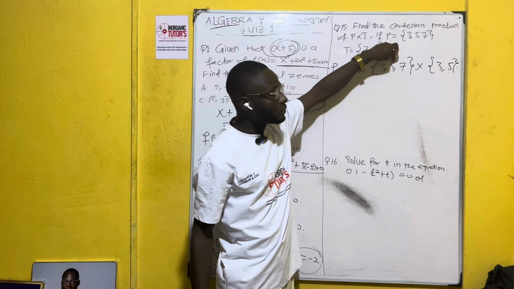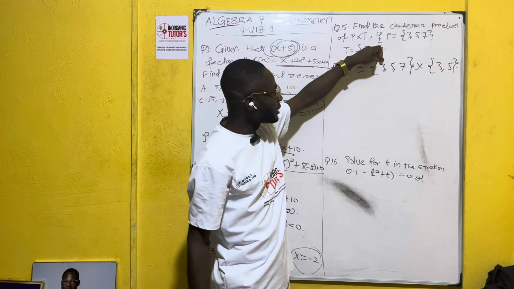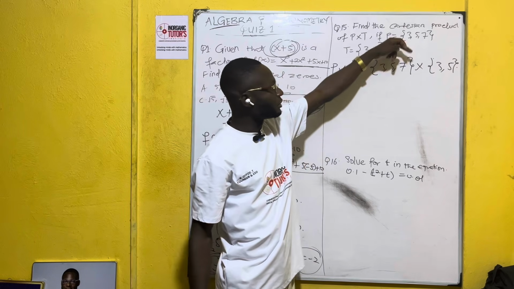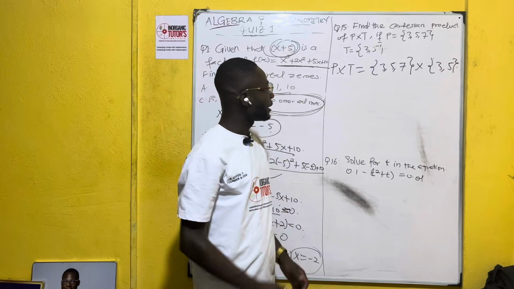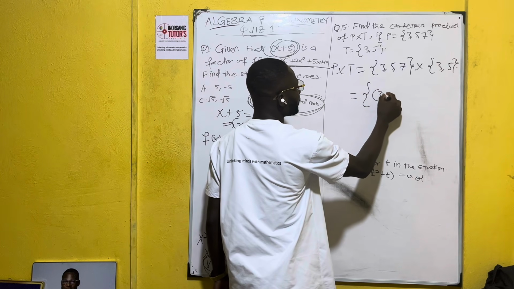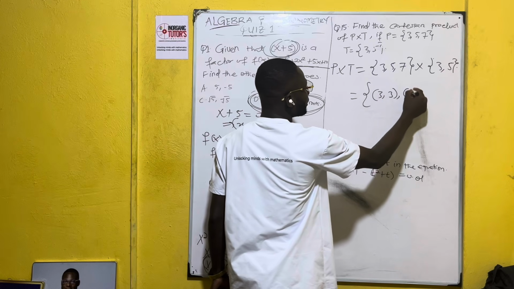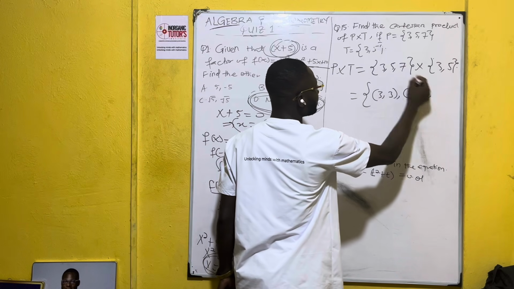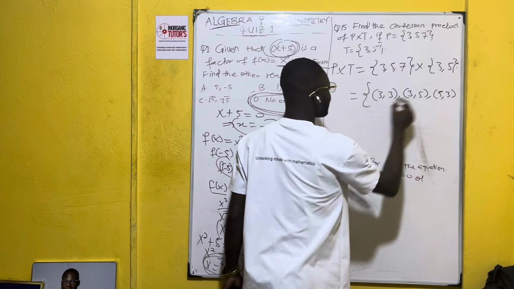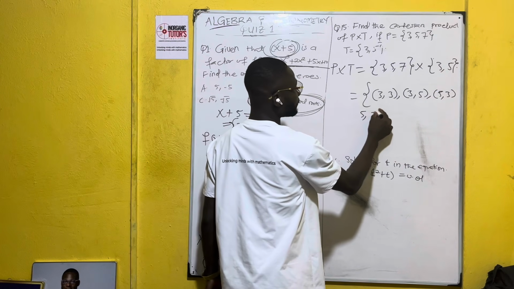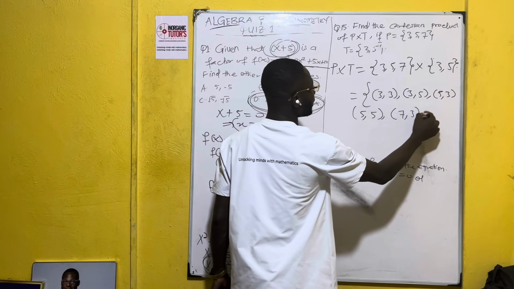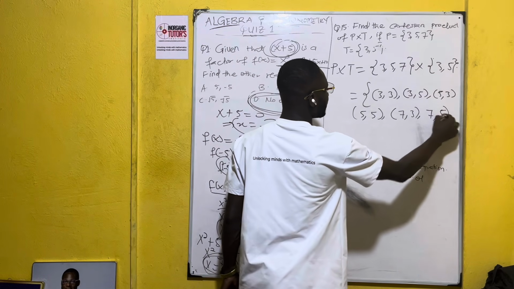The same thing applies to the others. Each is matched with the second element, and so on, until all are exhausted, right? So we're going to have the elements (3, 3), (3, 5), then (5, 3), (5, 5), and (7, 3) and (7, 5), right?